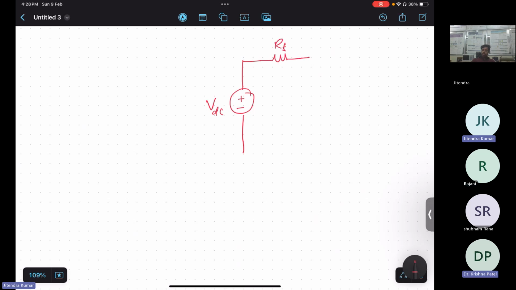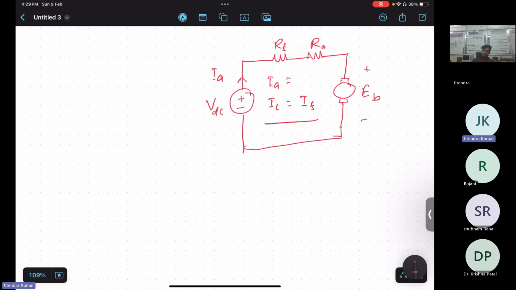Field is connected in series with the supply and armature. Okay, so this is how this connection will look like. So here IA is equal to IL is equal to IF. Okay, so all three currents are the same here because all of them are connected in series.